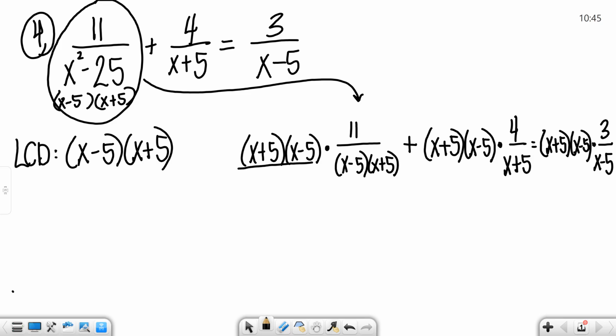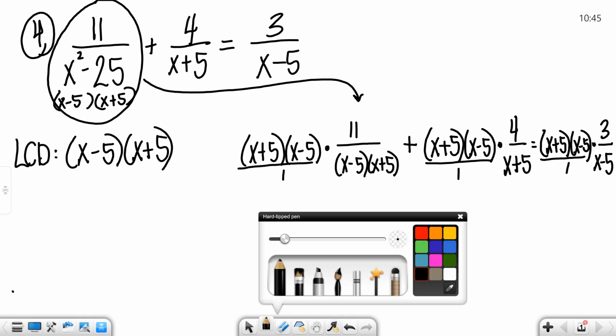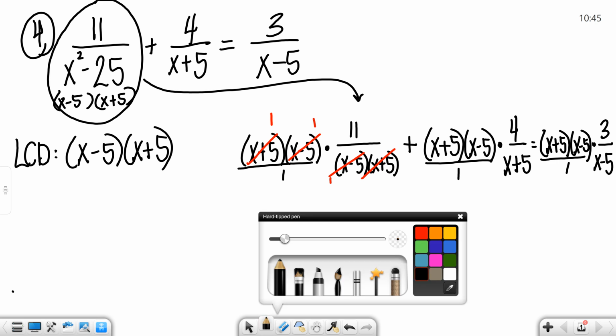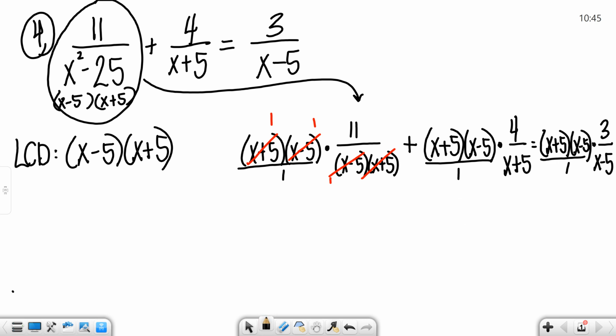So my least common denominator, I'm going to put a 1 under each of those. All right, now any common factors I'm going to divide out. All right, well x minus 5 and x minus 5, x plus 5 and x plus 5. So over here, this leaves me with 1 times 11. Fraction gone.